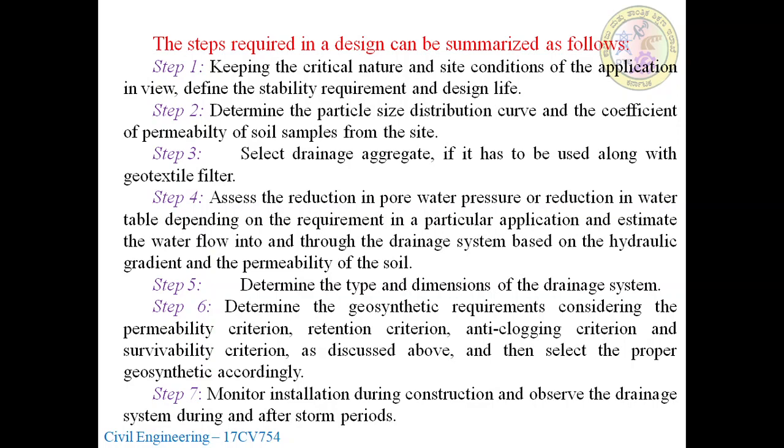Determine the geosynthetic requirement considering the permeability criteria, retention criteria, anti-clogging criteria and survivability criteria as discussed above, and then select the proper geosynthetic accordingly. Monitor installation during construction and observe the drainage system during and after the storm period. So we have to check at the time of storm periods.